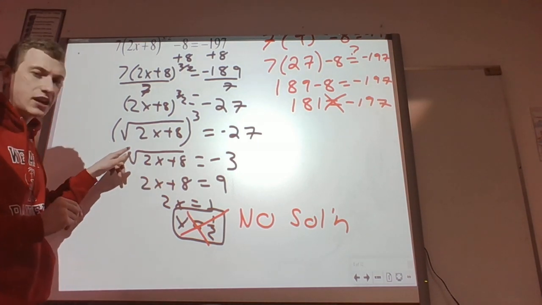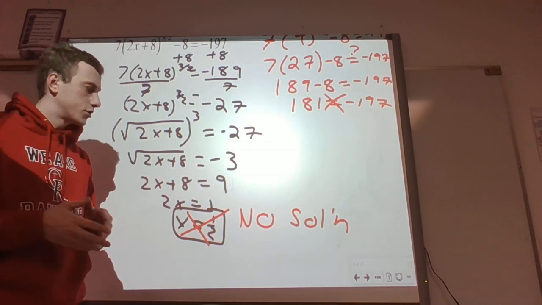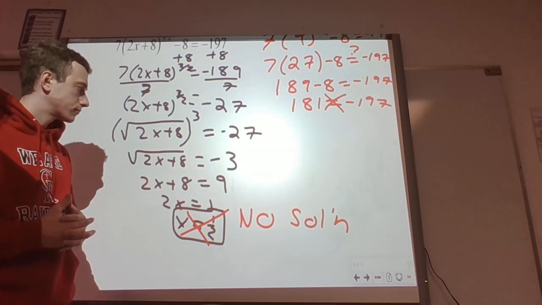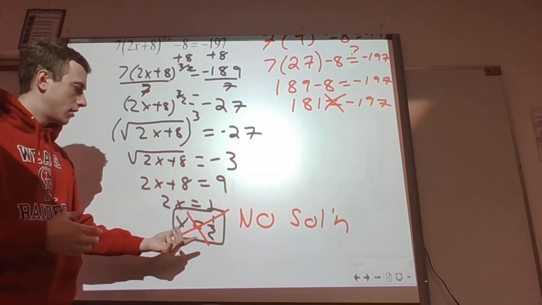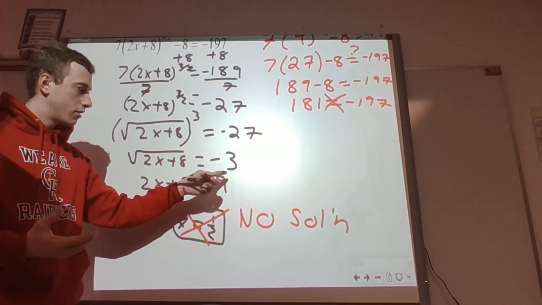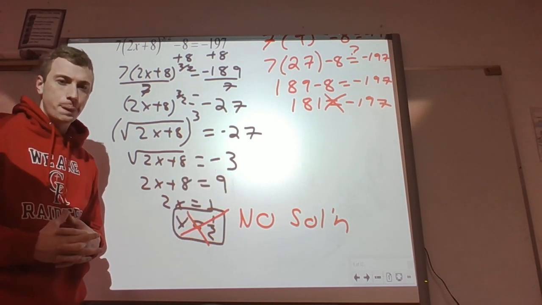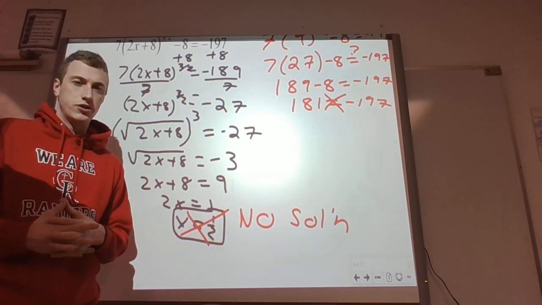For an even index, like a square root, you're never going to get a negative number. So there's no possible x that would make this true. And when you square it, you end up getting an x that would give you 3, which squared would also give you 9. But there's no such x that would give you this negative result.